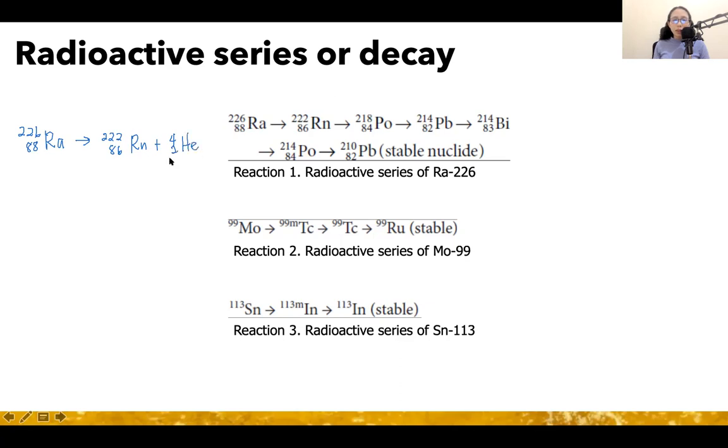So for this one, it's the same. It releases alpha particles, but these alpha particles will have a different kinetic energy than the alpha particles produced from the alpha decay of radon 222.